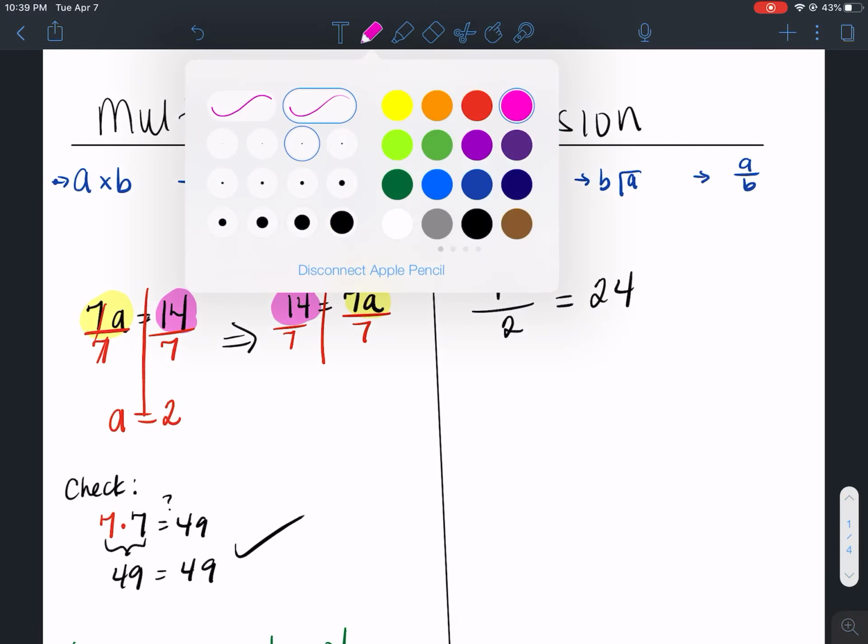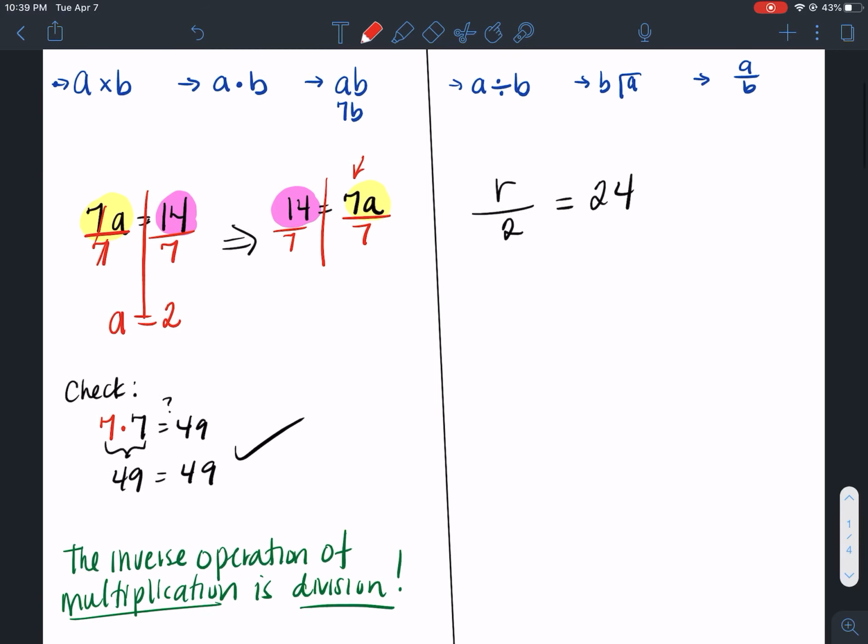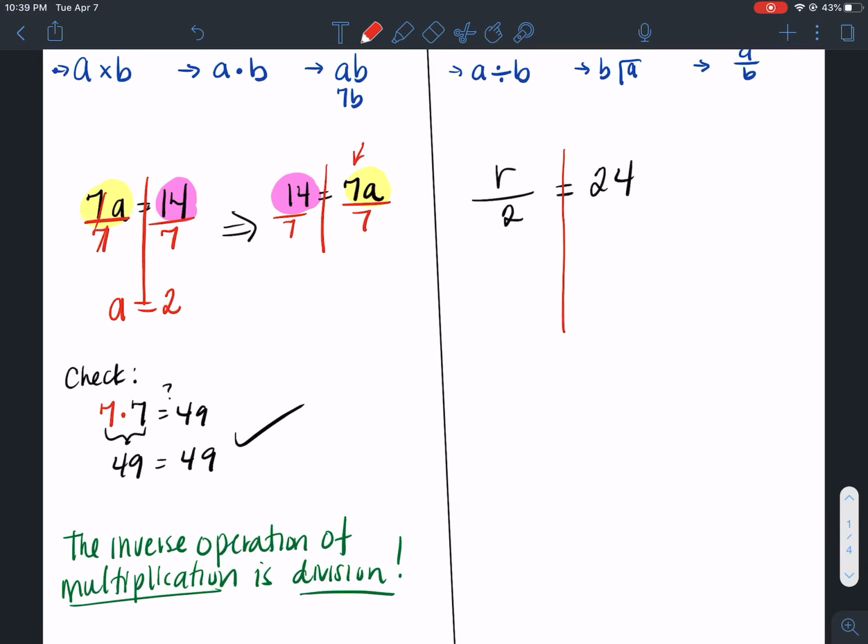These are the ones that we get stuck on a little bit once we get to division. I want to solve it by using the inverse operation. I already said the inverse operation of multiplication is division, so the inverse operation of division has to be multiplication. So I'm going to multiply both sides.